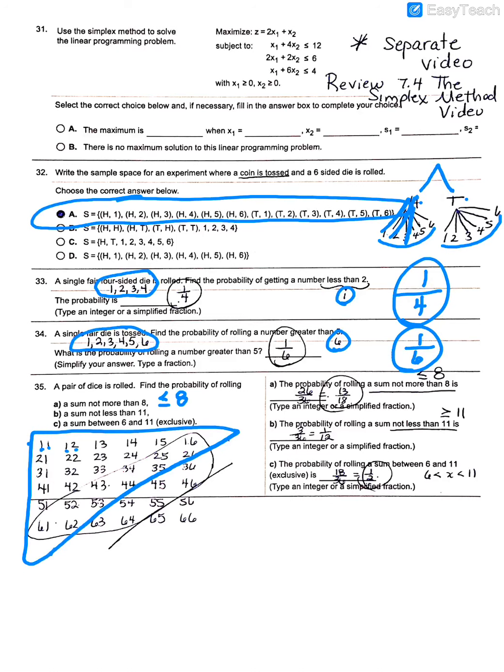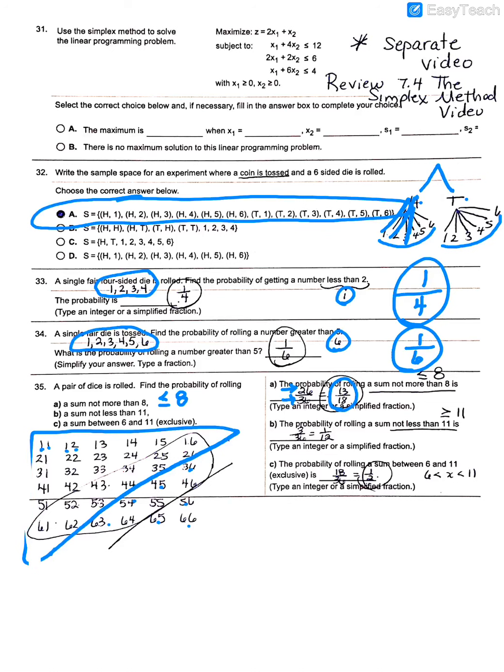So you can either count those up directly, or you could count what's not in there. 1, 2, 3, 4, 5, 6, 7, 8, 9, 10. And so if there are 10 outcomes not in there, that means that out of 36, that would leave us with 26 that are in there. So 26 out of 36, and then that reduces to 13 out of 18.